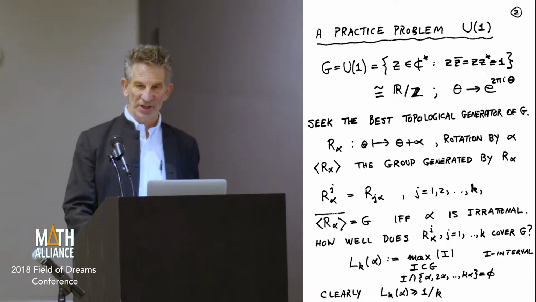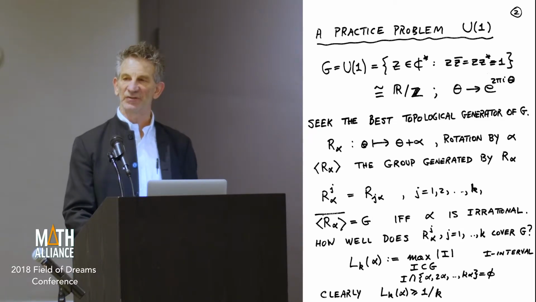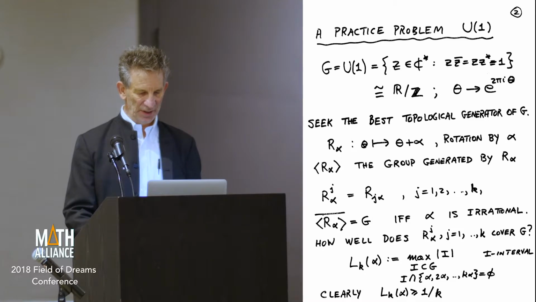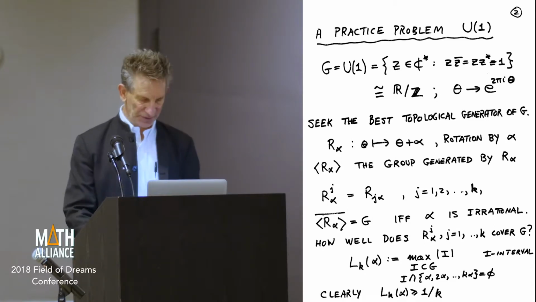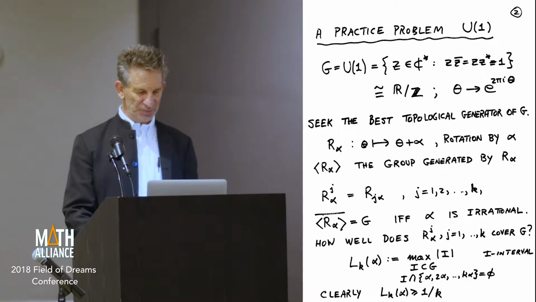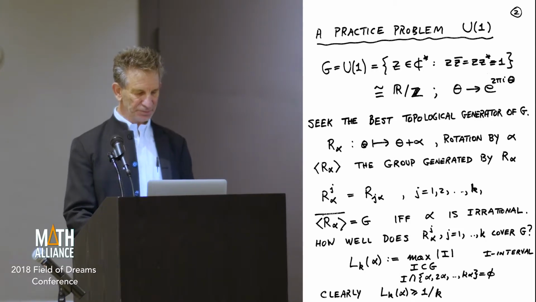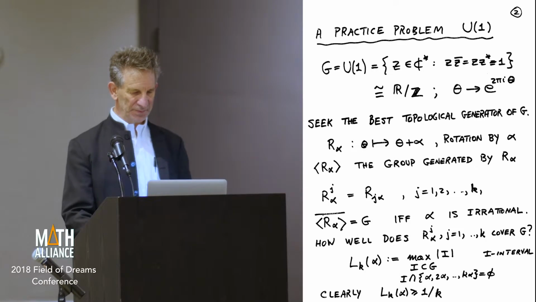Each R alpha to the j is a new rotation, which in the coordinate theta is just the rotation given by j alpha, all up to integers, so maybe the fractional part of j times alpha. If alpha is irrational, then these powers of this rotation will go around the circle, I'll show you a picture in a minute, and become dense. And so the closure of this rotation would be the whole group.